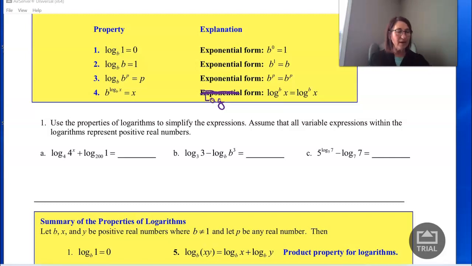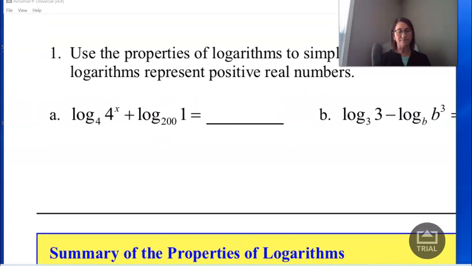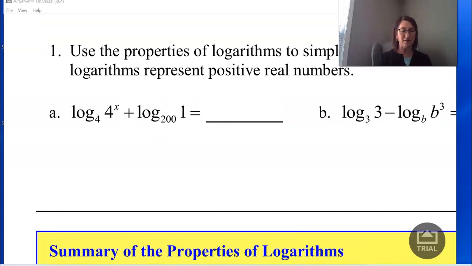All right, so now let's use these properties inside the yellow box in order to evaluate 1A, B, and C. We're going to start with the first equation that I want to simplify.